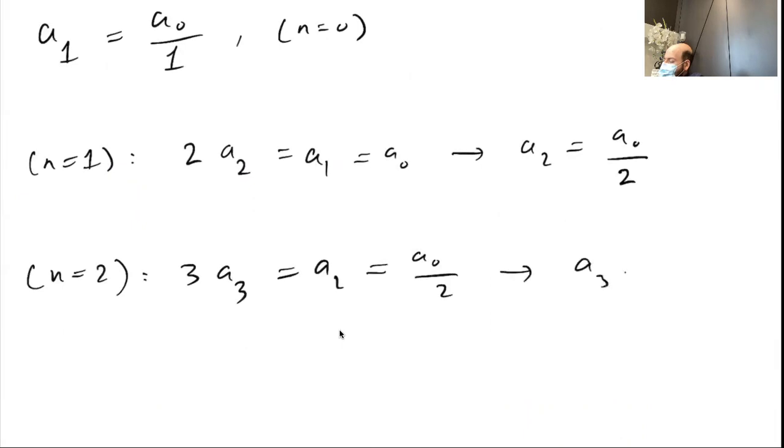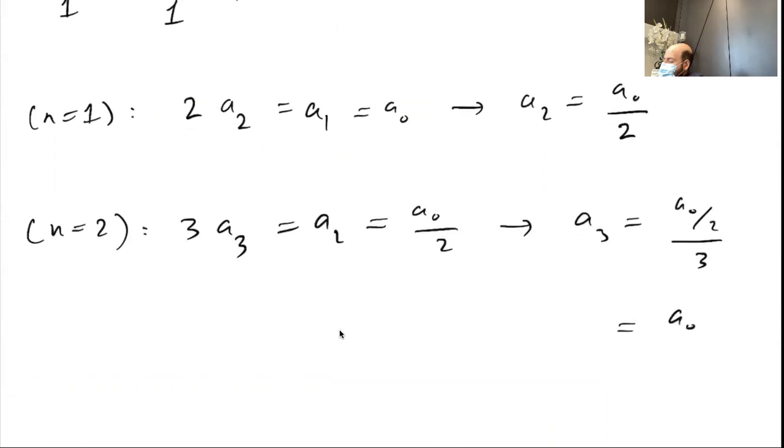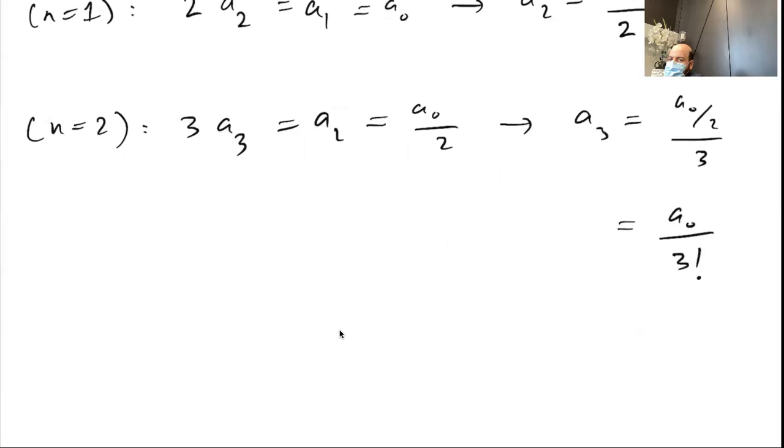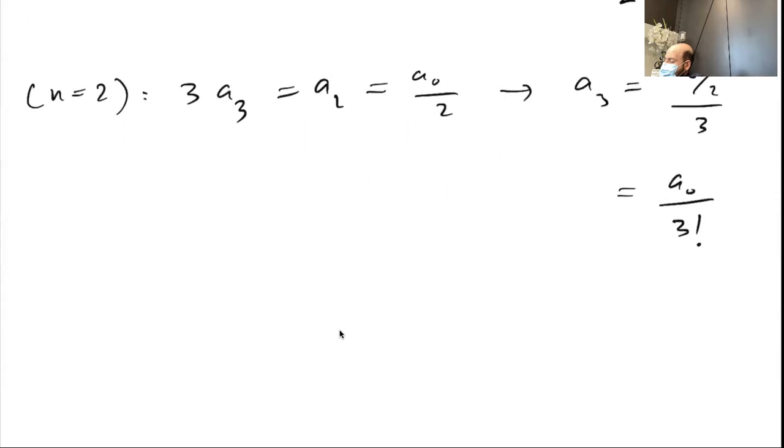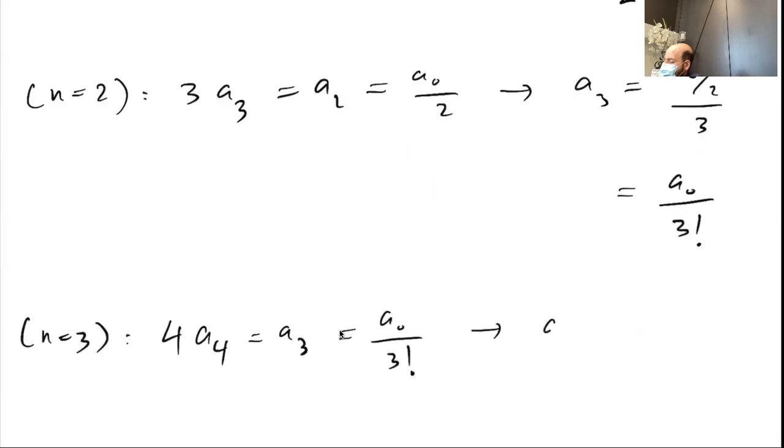So a3 will be a0 over 2 divided by 3, and that's going to be a0 over 6, or 3 factorial. And then if I replace n with 3, again I'll get 4a4 equals a3. a3 was a0 over 3 factorial. So a4 will be a0 over 4 times 3 factorial, which is a0 over 4 factorial.